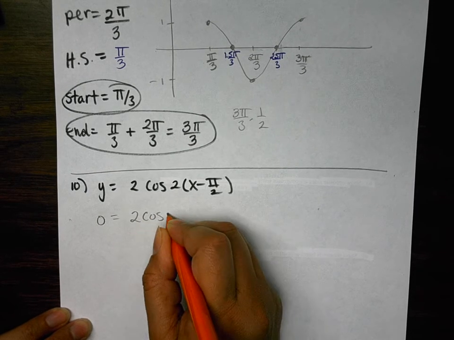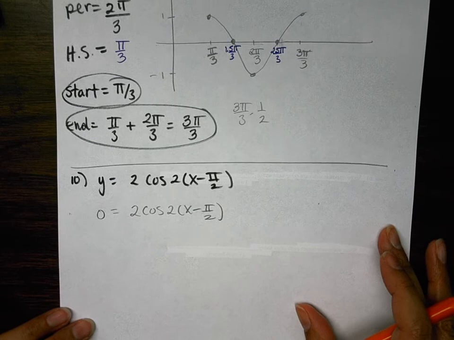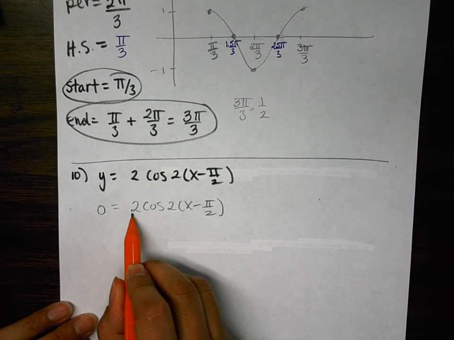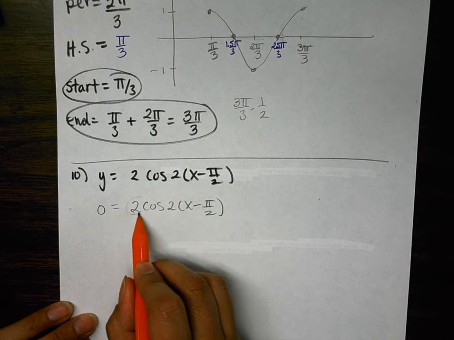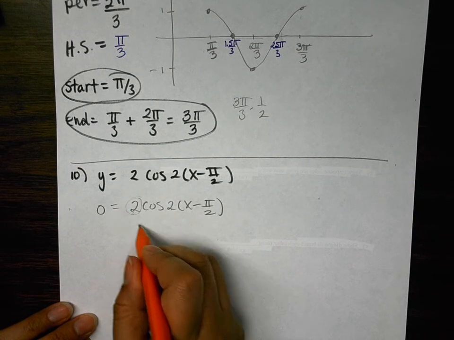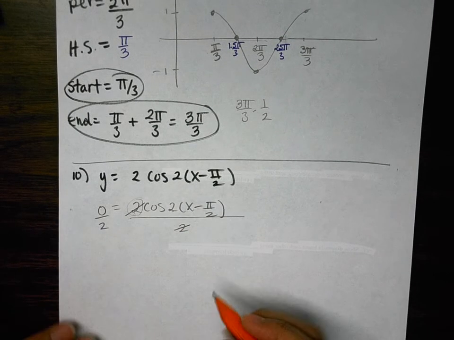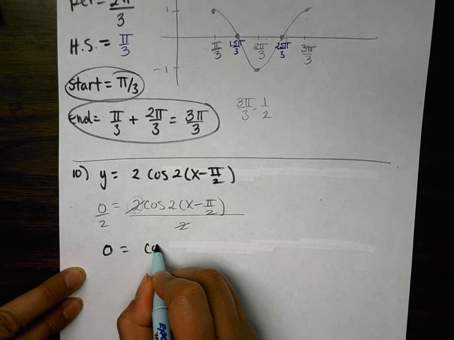Algebraically? Okay, so we said equal to 0. 2 cosine 2 parentheses x minus pi over 2. What can I divide by? Is that going to get rid of both of these 2's or just the leading coefficient 2? Just the one out front, not the one there. So 2 is gone. And what's 0 divided by 2?